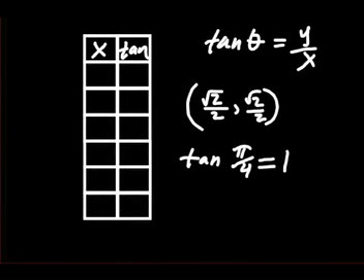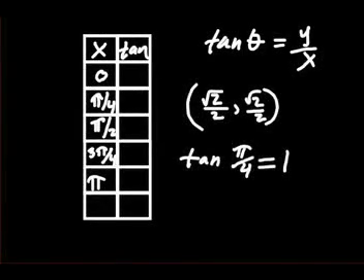So we're going to count by pi's over 4, starting with 0. 0, pi over 4, pi over 2, then we have 3 pi over 4, and pi, spacing out. All right, once again, the reason I chose pi over 4 is because it gives us a critical value, an easy one to plot.